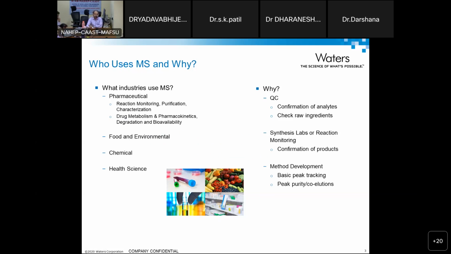It can be used in biopharmaceutical industries for identification and quantification of different proteins and peptides, so basically large molecules. It can also be used in food and environmental analysis for determination of different pesticides and other elements present in the samples. Again, it can be used in chemical industries, health sciences, and so on.